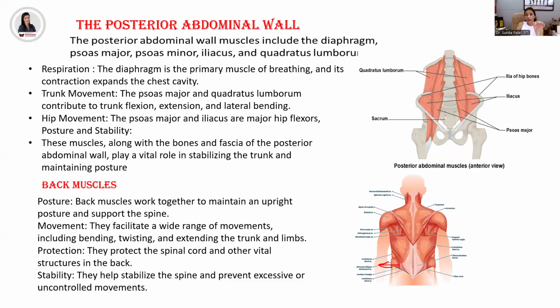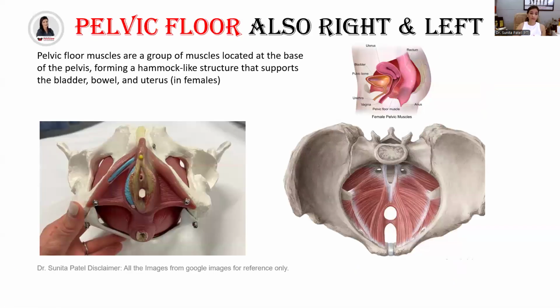That can create spine issues. The person can start showing you hyperlordosis and hyperkyphosis around the spine. So yes, this is the correlation of abdominal muscles with the back muscles and the whole spinal area.